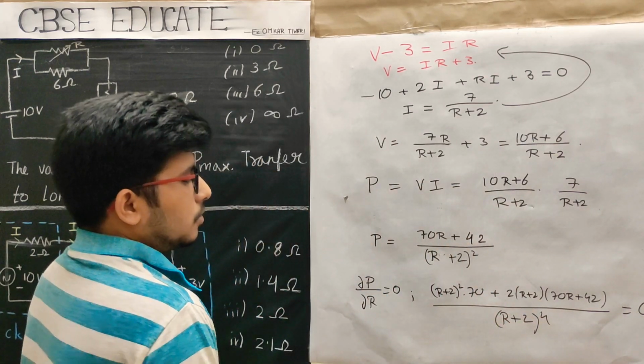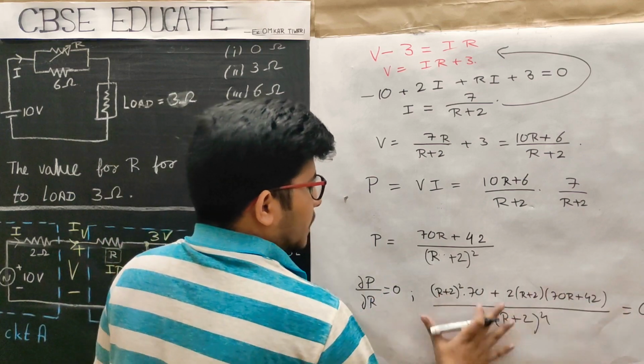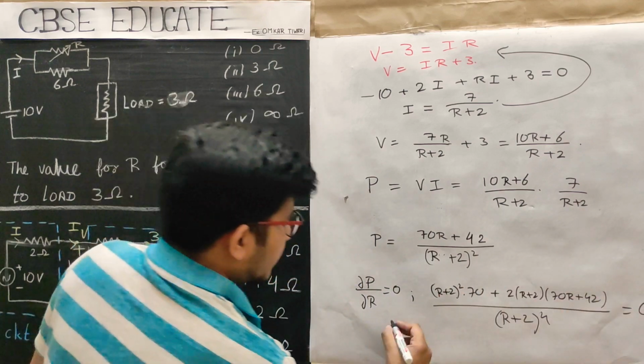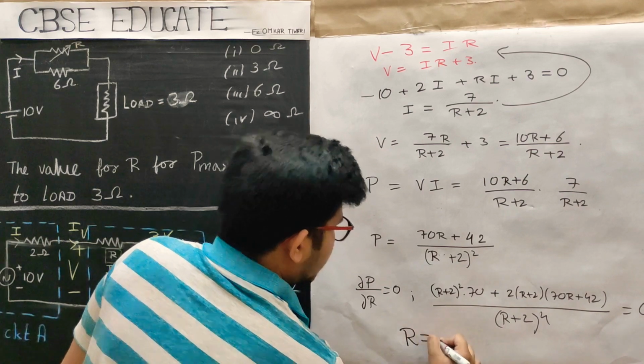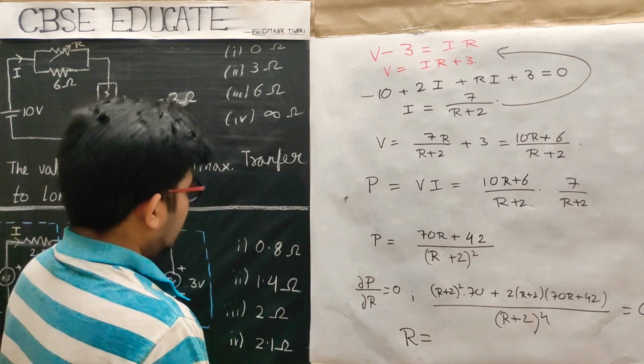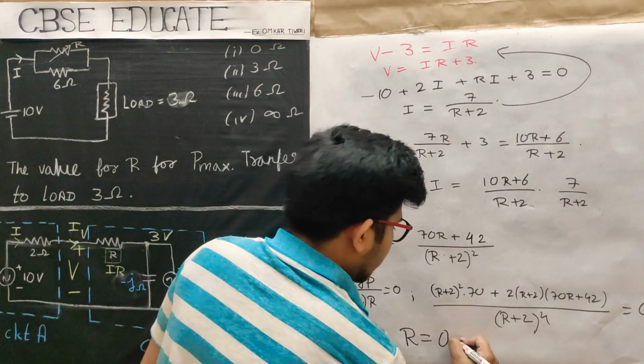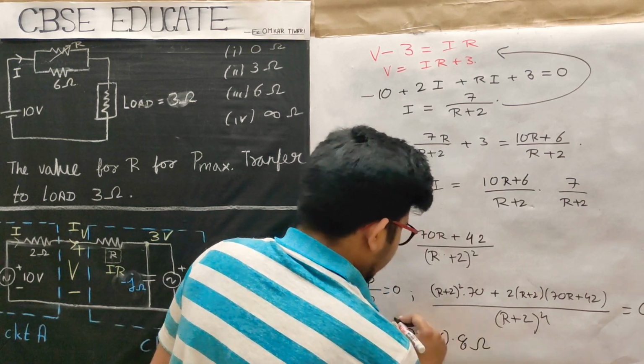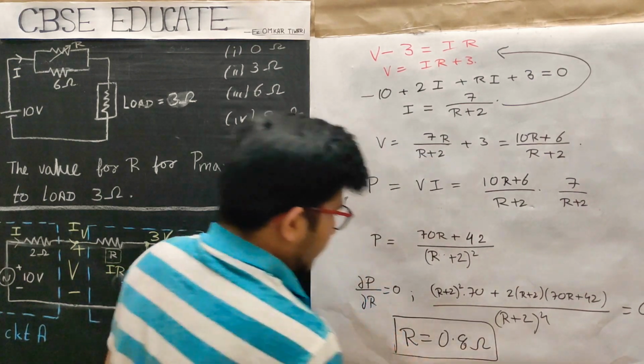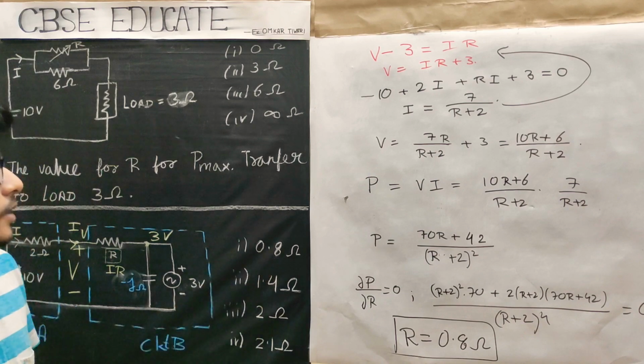By solving all these, you will get R is equal to 0.8 ohm. Okay, so option 1 was correct.